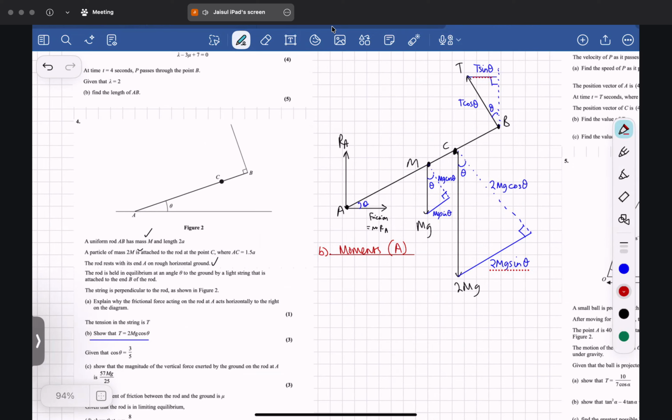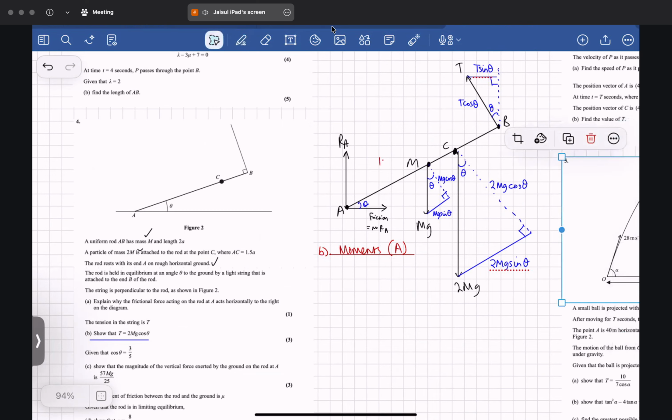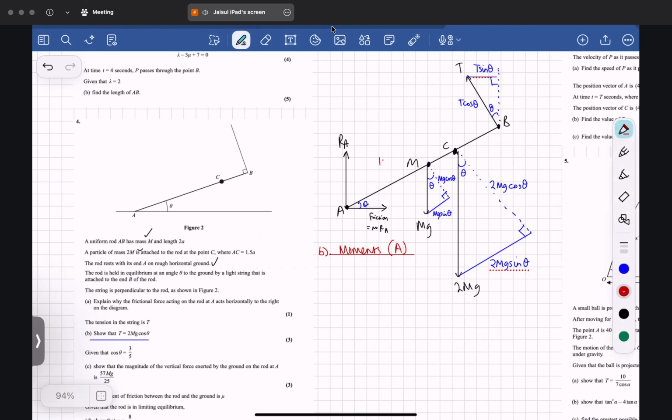So I need to first label the distances. AC is 1.5a. And the whole thing is 2a. So this is 1a.